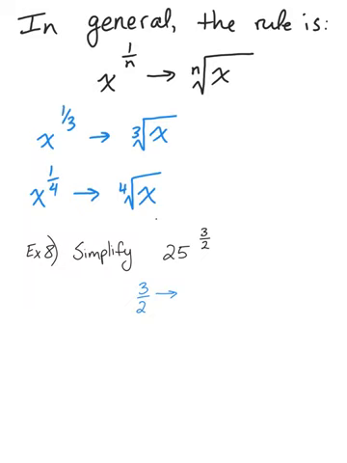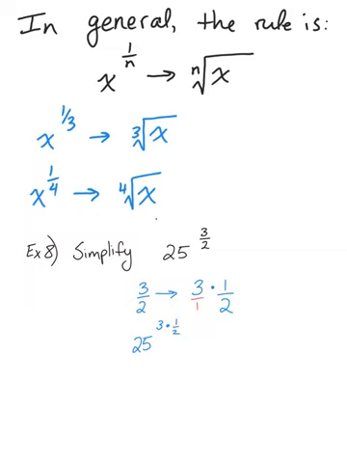I could say this can be written as 3 times 1/2, right? Because the way that we multiply fractions is we put an invisible 1 under the 3. The 3 times 1 gives me a 3. 1 times 2 gives me a 2 on the bottom. So I could rewrite my example as 25 to the power 3 times 1/2.